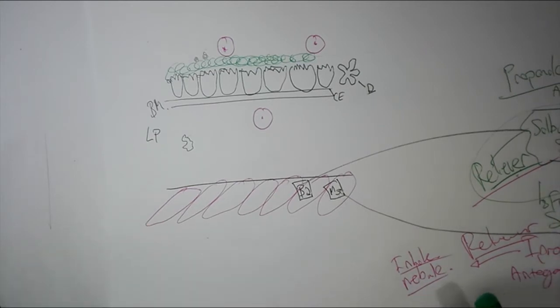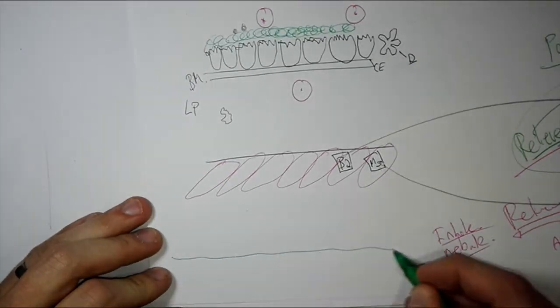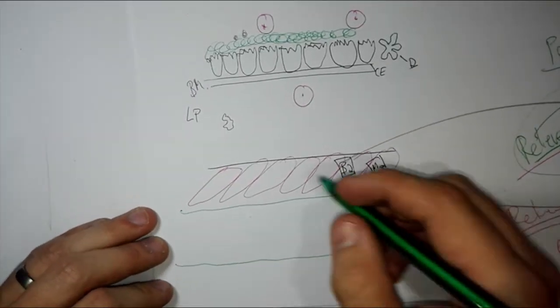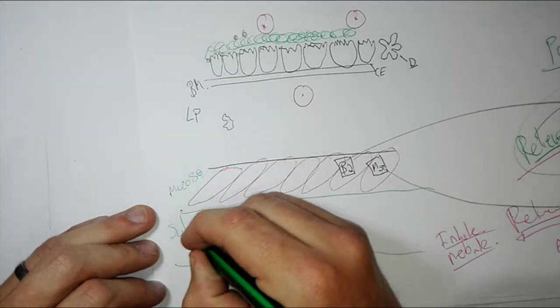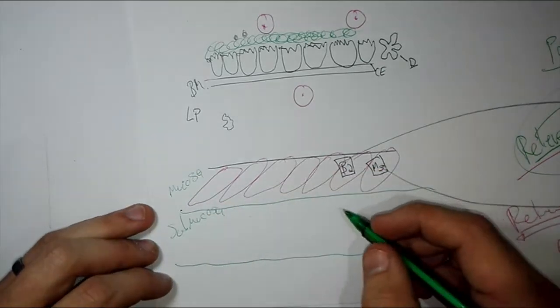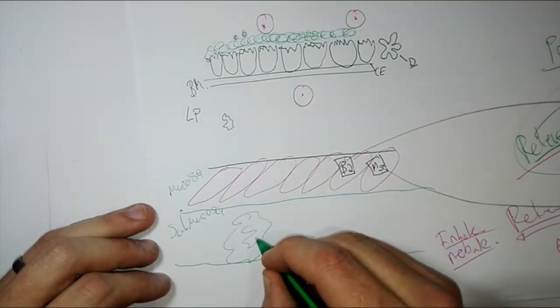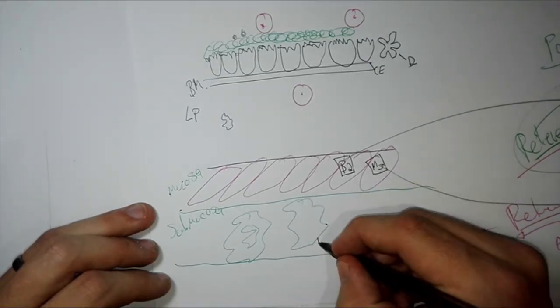Okay, we've done that. Now let's make our glandular layer down here. All of this is part of the mucosa, and this is the submucosa. I'm not sure if I've got it the right way around, but let's say I do. Here we've got glands, and these glands have muscarinic M3 receptors on them.